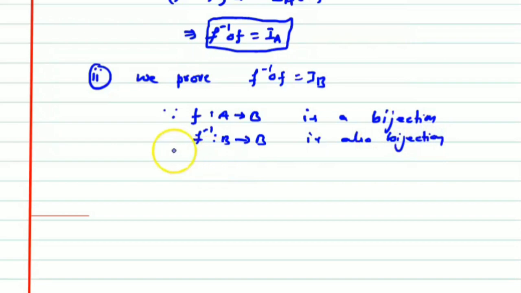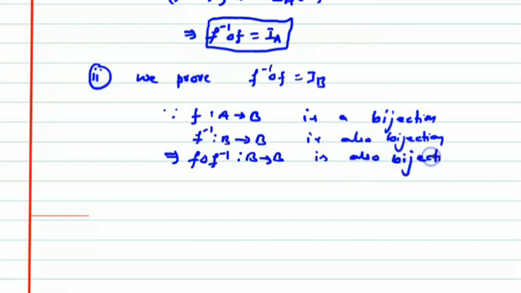Next, this implies f circle f inverse maps from B to B and is also a bijection, from the first theorem: f mapping from A to B, g mapping from B to C, then g circle f maps from A to C is a bijection. We know that I_B mapping from B to B is the identity function.